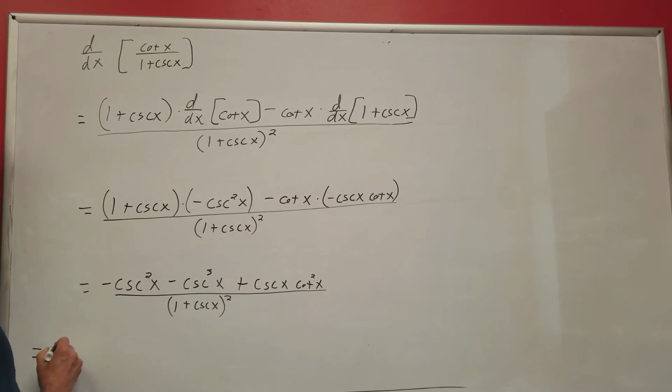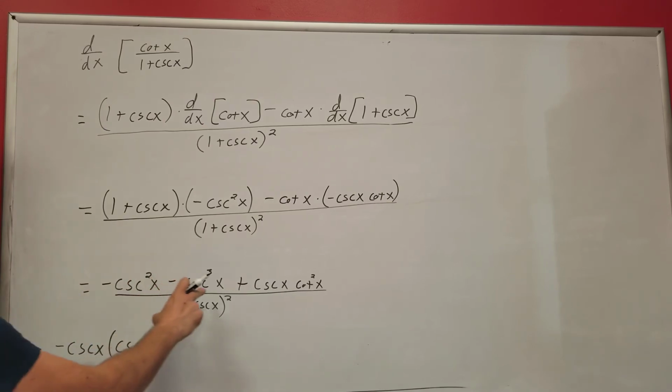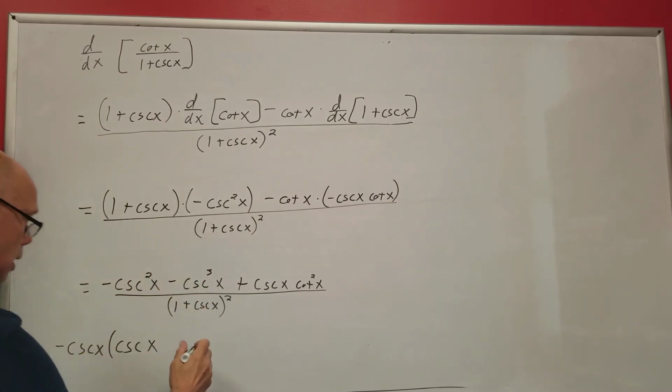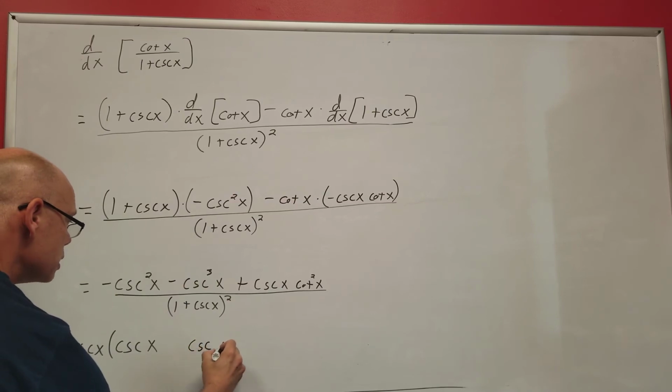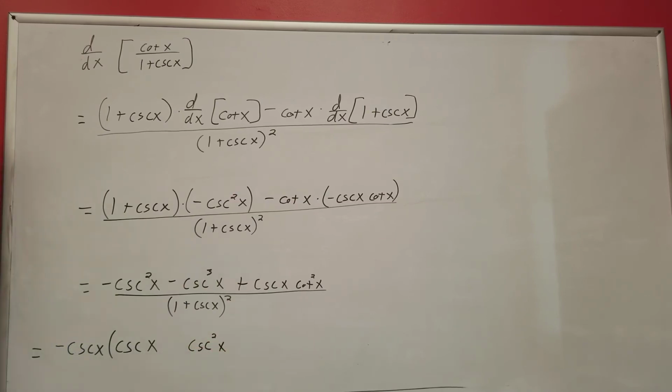So out of my numerator, I'm going to factor negative cosecant of x out. If I factor a cosecant of x out here, I still have a cosecant of x to the first. How about for this term? If I took one of them out, I still have cosecant of x squared, right?